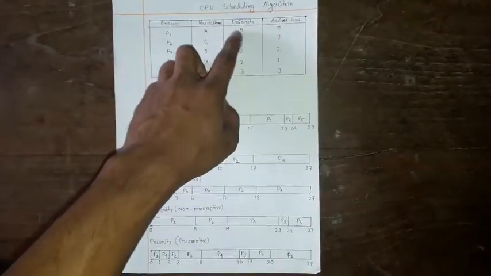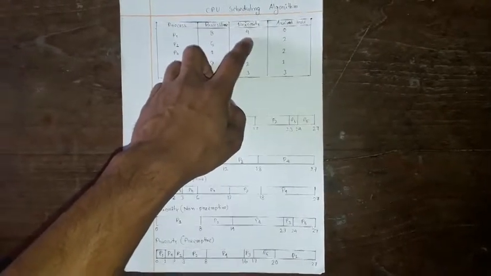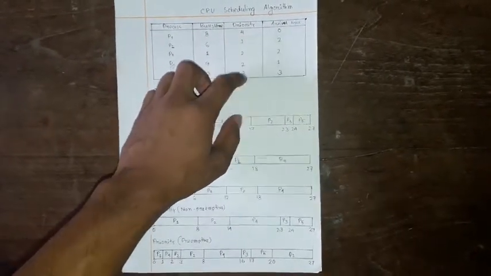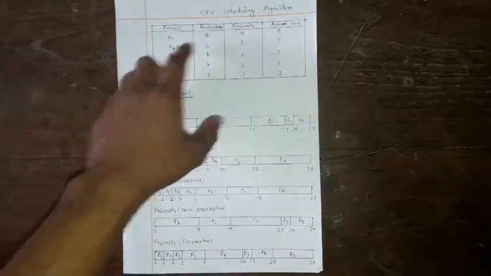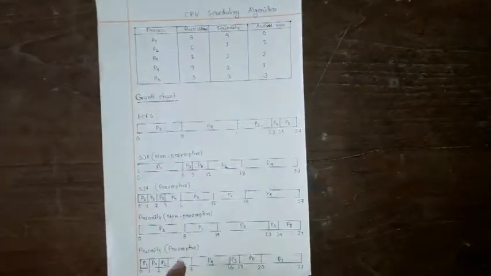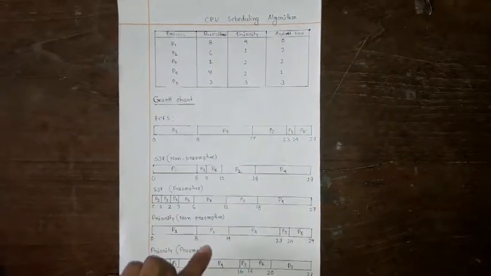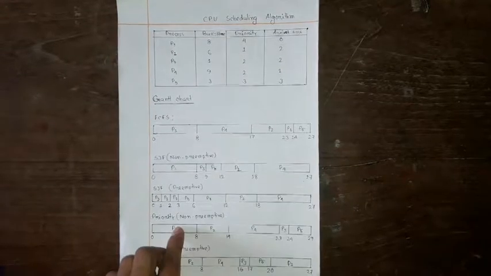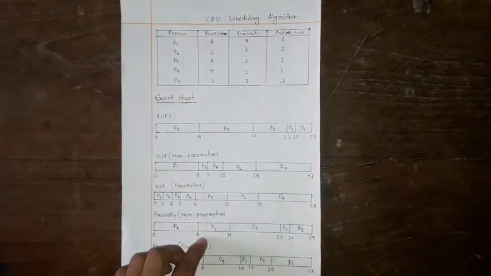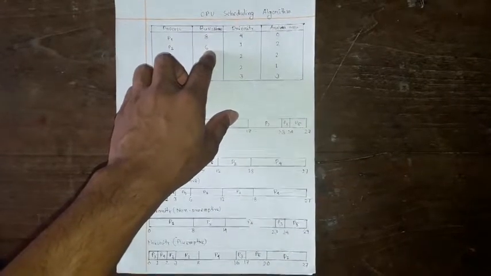So process P4 with priority 4 has much lower priority than the others. Since P2 has the highest priority, we will serve P2 after P1. P2 will be served from time interval 8 to 14 because its burst time is 6.